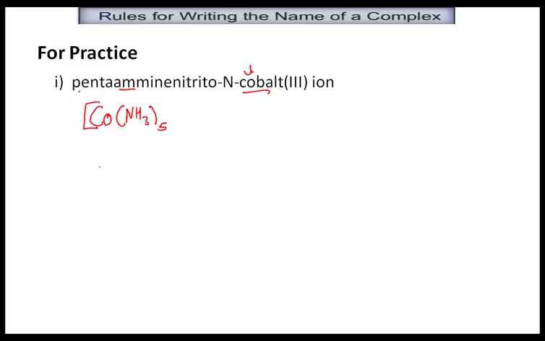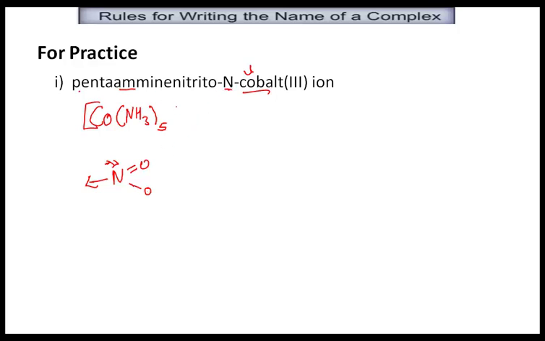If you remember, ambidentate ligands have more than one element through which they can coordinate. So nitrito-N means it is N double bond O, single or coordinate bond O, and it is going to coordinate through this nitrogen, not through oxygen. So that's why N is written.